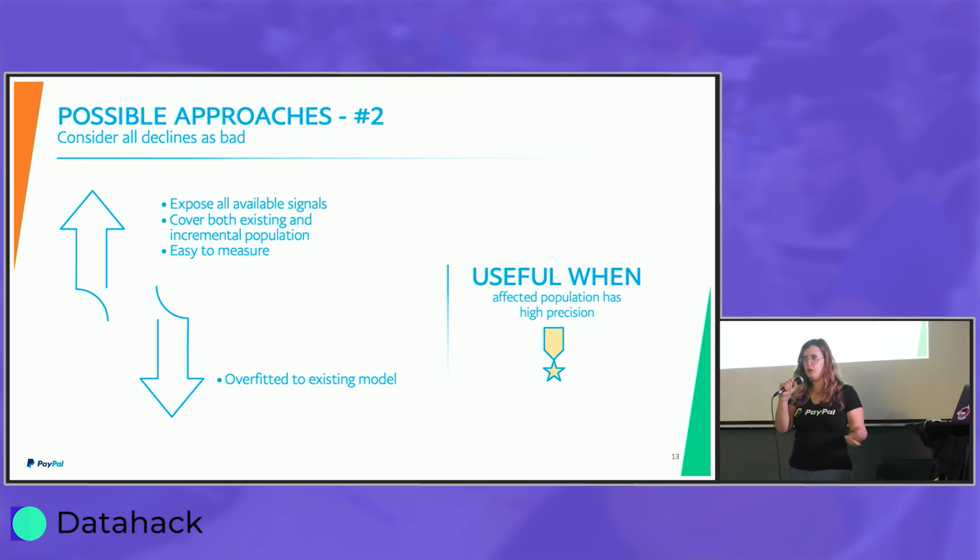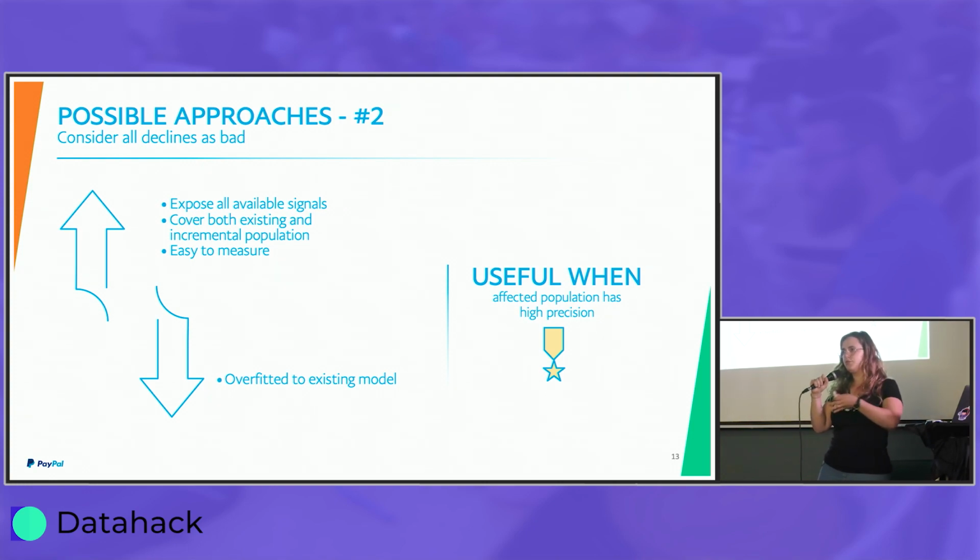However, it's not always the case. It can be because of how the population has changed over time, or maybe your model was used in different ways than you planned. And you can find yourself in cases where that precision is no longer as strong as it used to be when you just released your model.